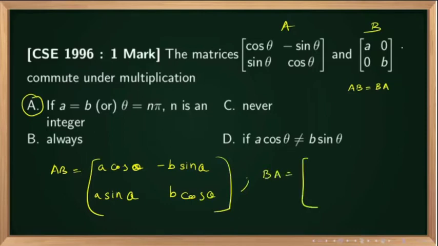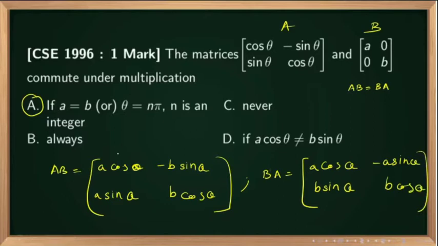B into A will be A cos theta plus 0, A cos theta. Now minus A sin theta. Now next is B sin theta here, and B cos theta here. So this will be AB and this will be BA.